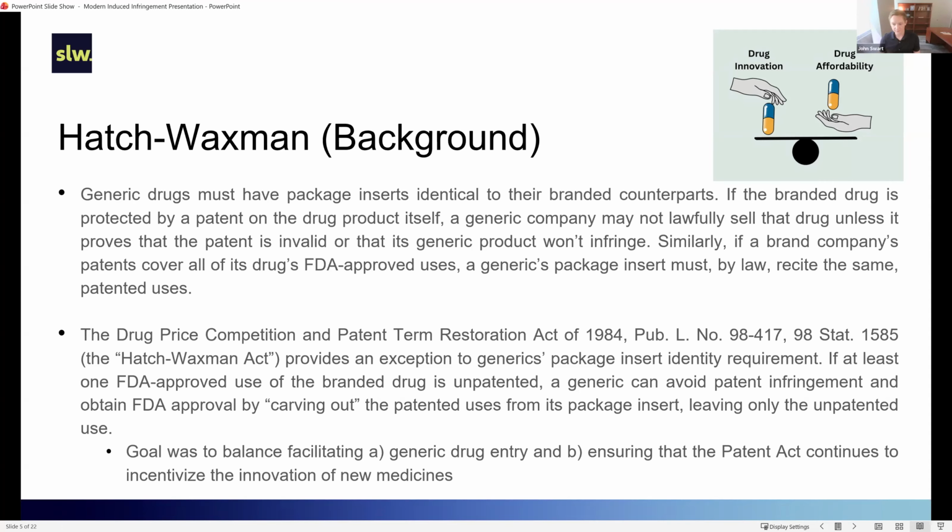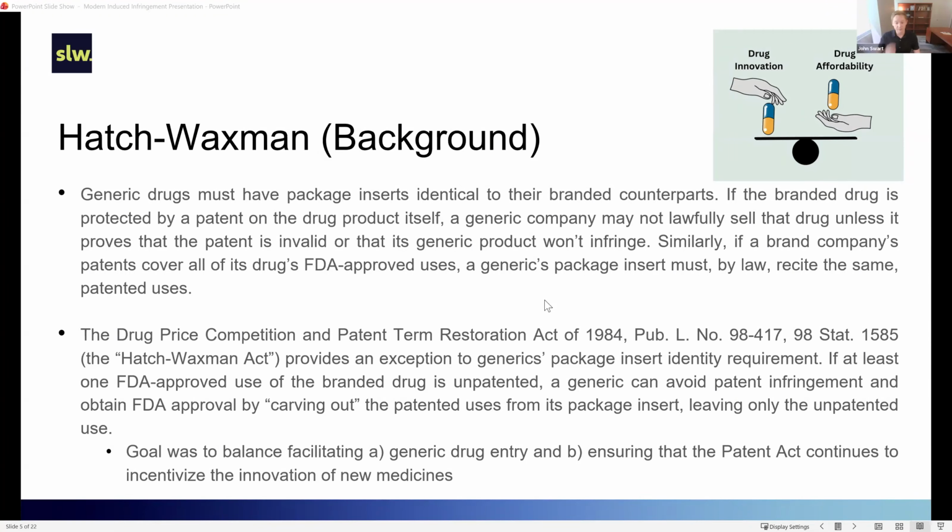So I think probably the goal with introducing this carve out was to balance facilitating generic drug entry into the marketplace, but also ensuring that patent holders can continue to be incentivized for innovating in new medicines.